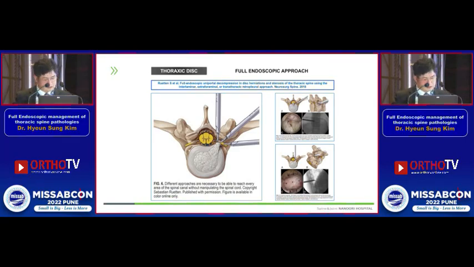You can see here the intralaminar approach and the extraforaminal approach, and the thoracic retropleural approach can be applied endoscopically. But today I will discuss these two: the intralaminar and extraforaminal approaches.